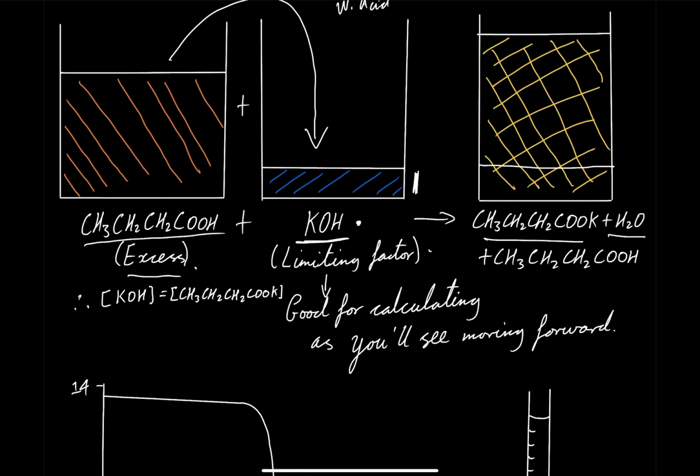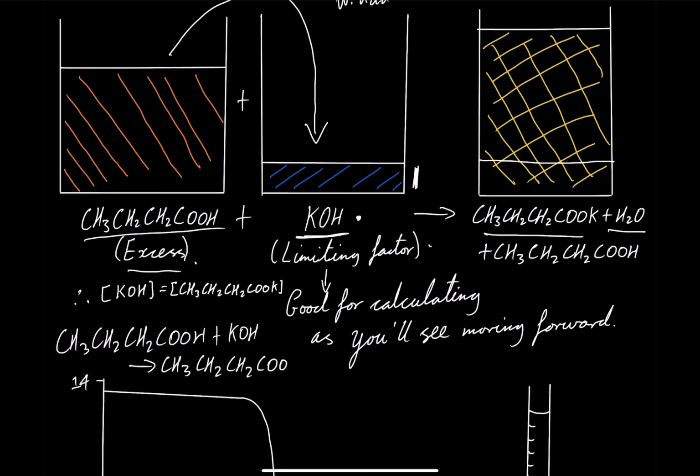Our butanoic acid plus our potassium hydroxide forms our salt, which is the potassium butanoate. The reason I write this out is to help us, because we can make an assumption that can be useful for calculations, and then plus some H2O left over.